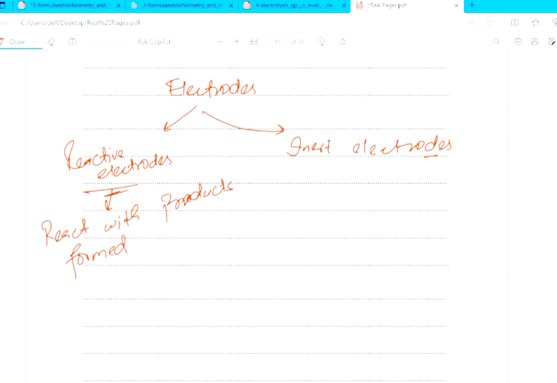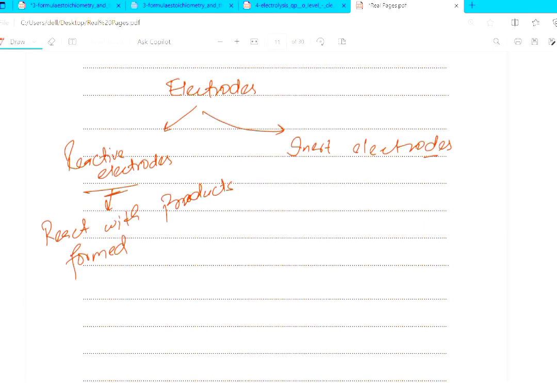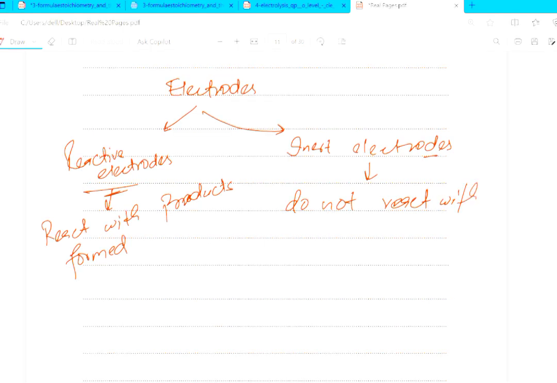The newly formed products react with those, so that's why those are avoided. And inert electrodes are those which do not react with the products formed. Mostly we use platinum.